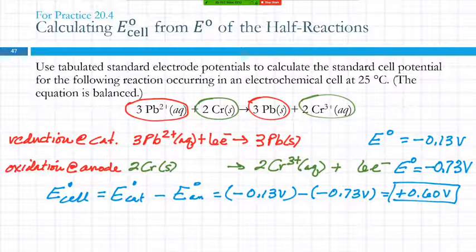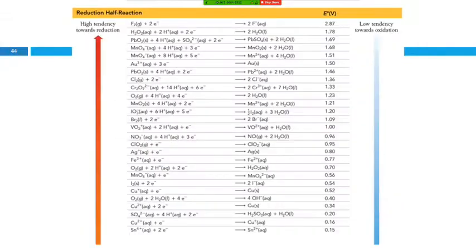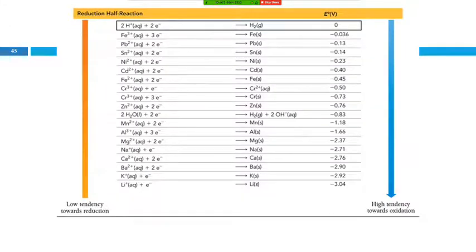Now I just want to show you how I think about this. So when I look in the table, aside from the numbers here, it's just multiplied by 3, I see that I'm using this equation as written. Up here, I've got Pb2+ plus electrons going to Pb.